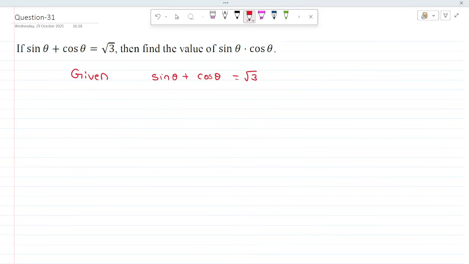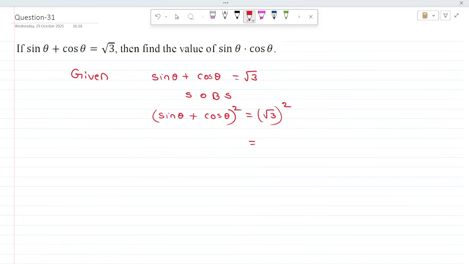Observe, if you do the whole square, in one of the terms you will get sin theta into cos theta, right? So do squaring on both the sides. Sin theta plus cos theta whole square is equal to root 3 whole square.